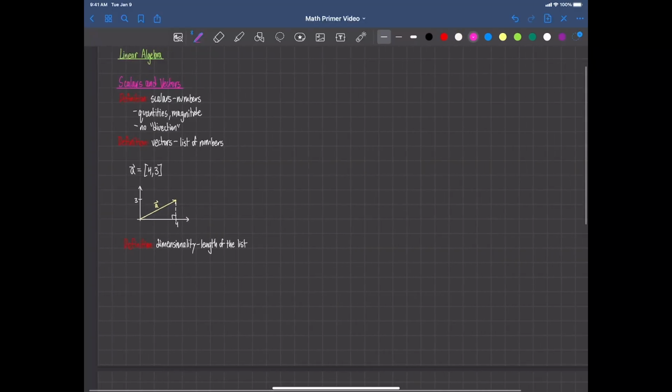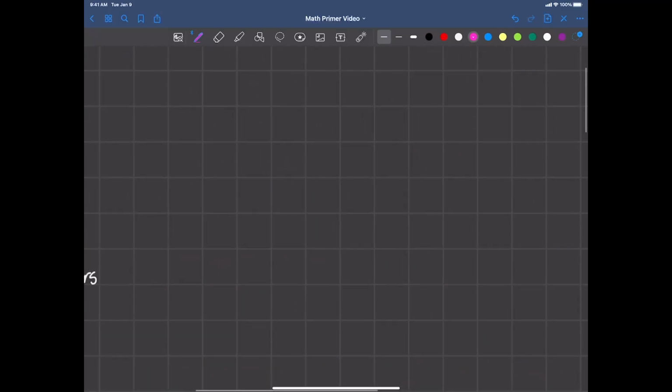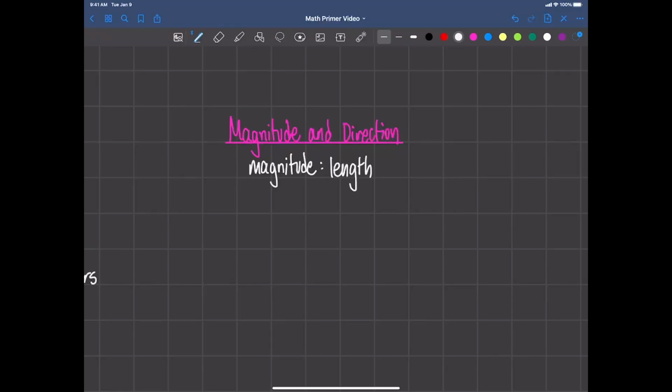Now, let's talk about magnitude and direction, the 2 components of a vector. The magnitude of a vector is the distance from the origin to the endpoint of the vector, or just the length.